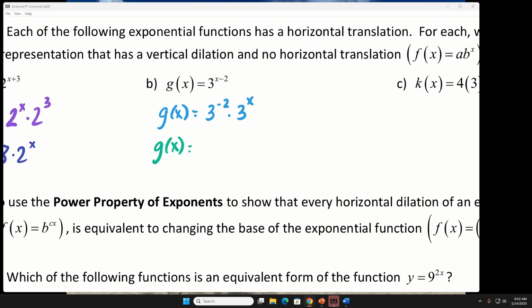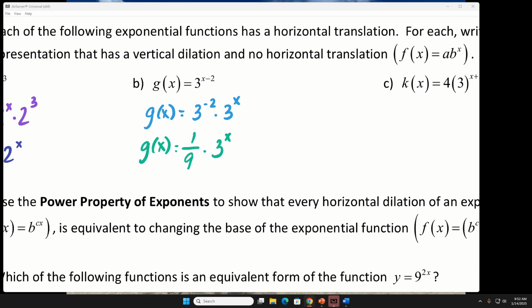So what is 3 to the negative 2? It's 1/9. So it is a fraction, and then what happens is that it's 3 to the positive second in the denominator, which is just 9.